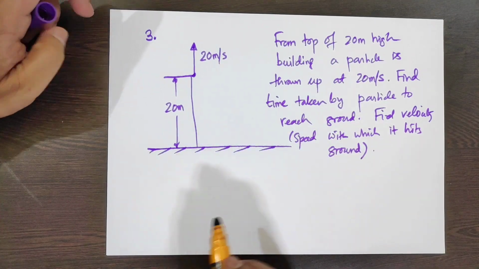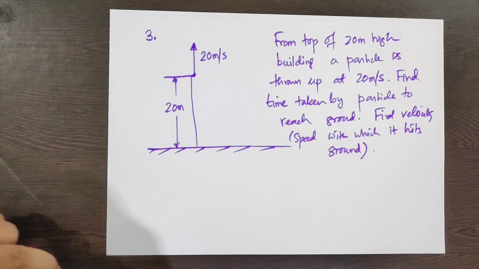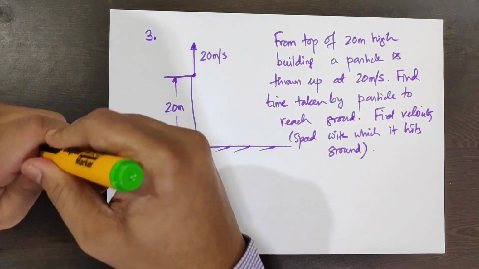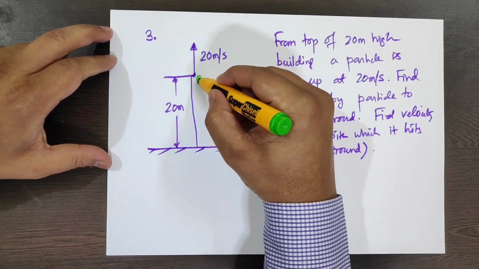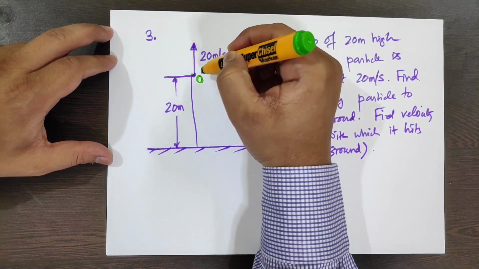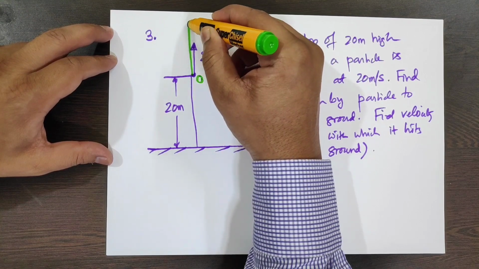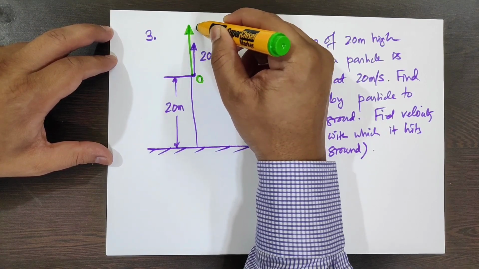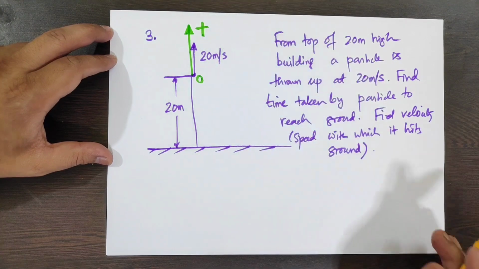Okay, so here also, as usual with all problems, you have to choose a 0 or the coordinate system. So I'll choose a 0 here, and the axis you can choose either downward or upward, your choice. For this problem I will choose it upwards positive.